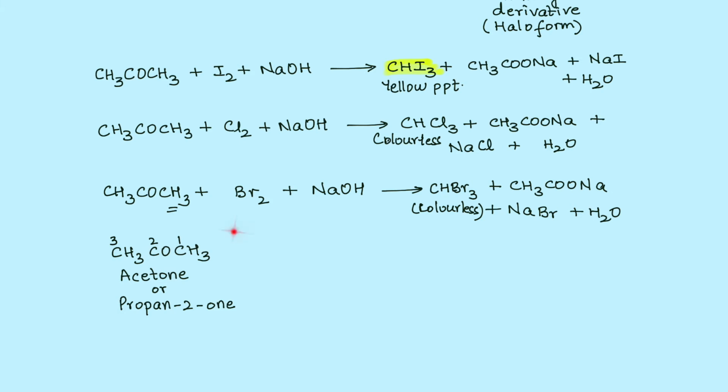Now try writing the reaction of propanone or acetone with iodine in the presence of KOH. Yes, you know that NaOH and KOH are very close cousins, right? Their behavior is almost similar. So write down the products over here.